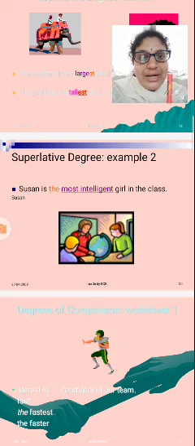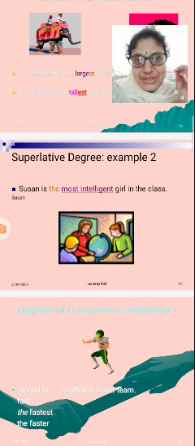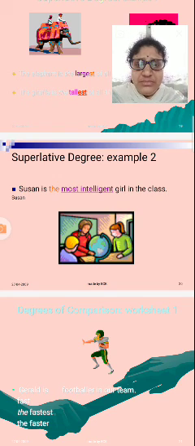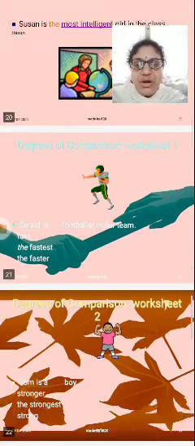You are comparing Susan with the classmates, and you are giving the perfect quality, perfect quantity, to that only one girl. Yes, Susan is the most intelligent girl in the class, right? So, degrees of comparison worksheets.